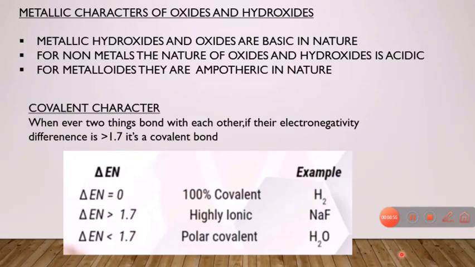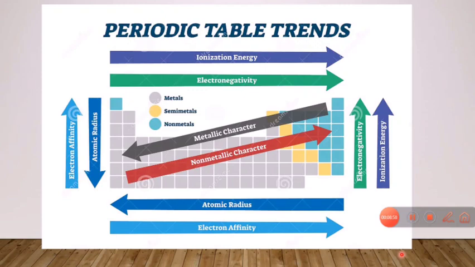Coming to the conclusion of the periodic table trends, when we are moving from left to right in a period, the ionization energy increases, and electronegativity also increases. You can rewind this video if you need that explanation again. When moving from top to bottom, the atomic radius increases and electron affinity decreases.